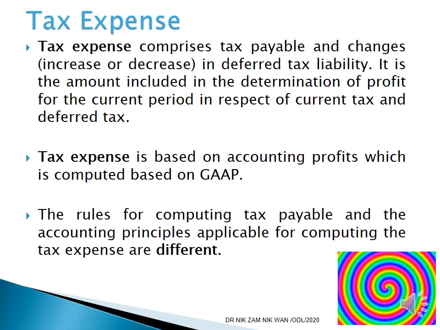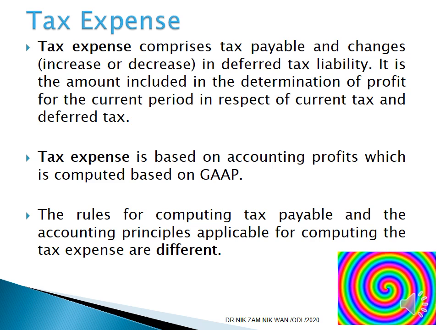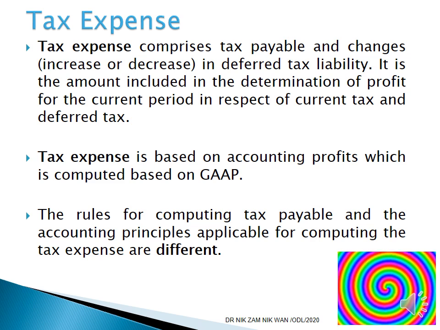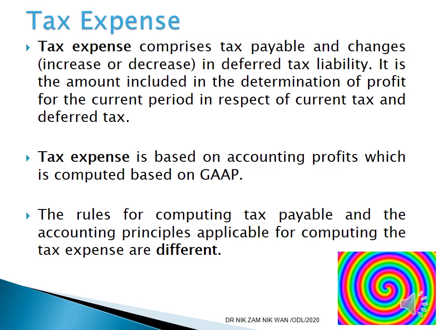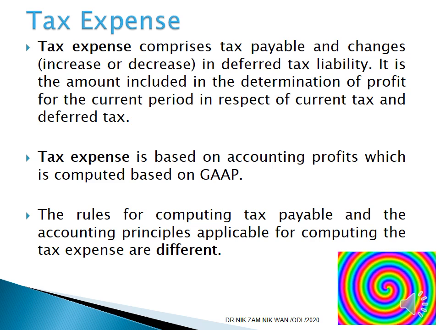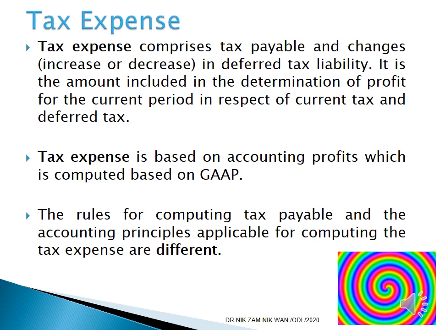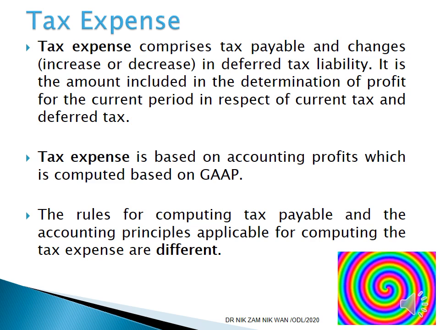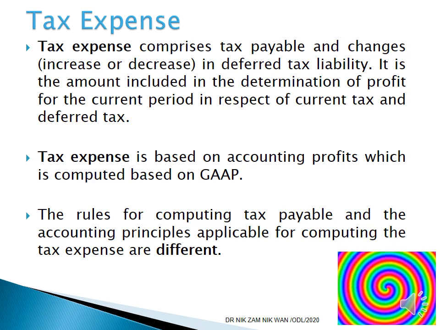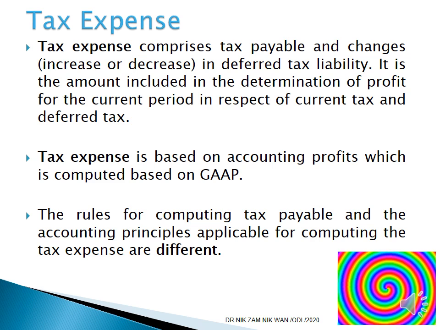So tax expenses that you normally calculate comprise tax payable and changes, either increase or decrease, in deferred tax liability. It is the amount included in the determination of profit for the current period in respect of current tax and deferred tax. Tax expenses is based on accounting profit, which is computed based on generally accepted accounting principles.